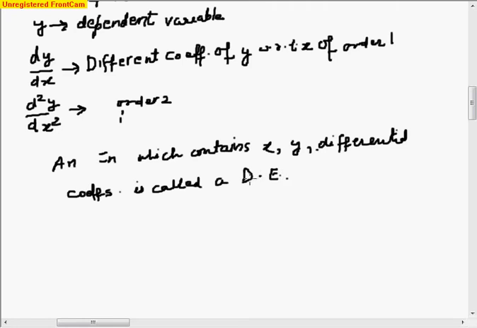So here the differential coefficients can be of any order. They can be of order 1, of order 2, of order 3, and so on, right?